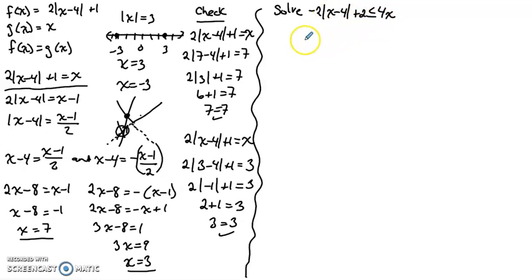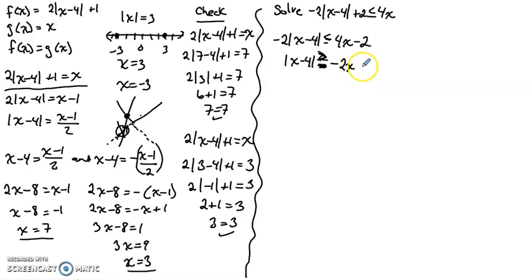If we subtract 2 from both sides, we get negative 2 times the absolute value of x minus 4 is less than or equal to 4x minus 2. And then if we divide everything by a negative 2, we get the absolute value of x minus 4 is, because we're dividing by a negative, this becomes a greater than or equal to. 4x divided by a negative 2 is a negative 2x.